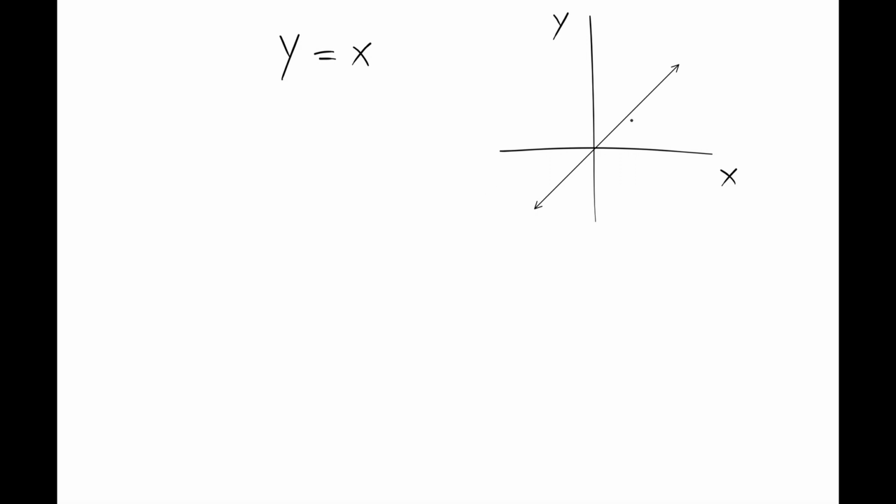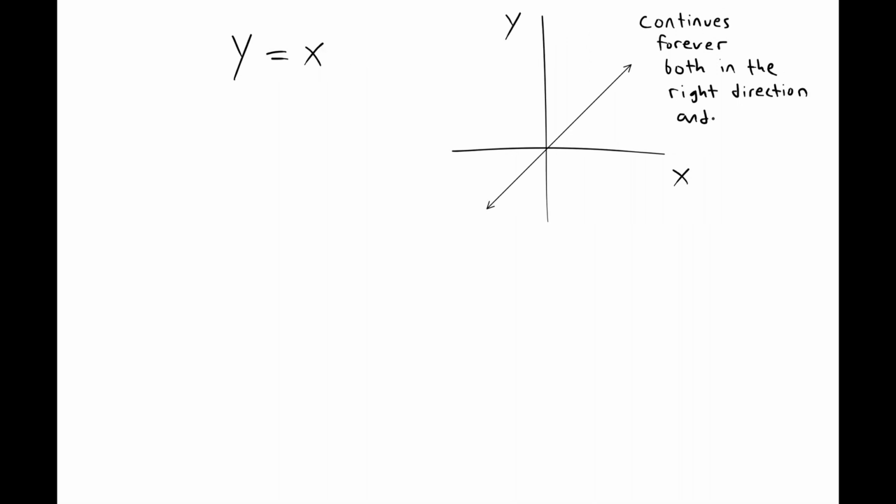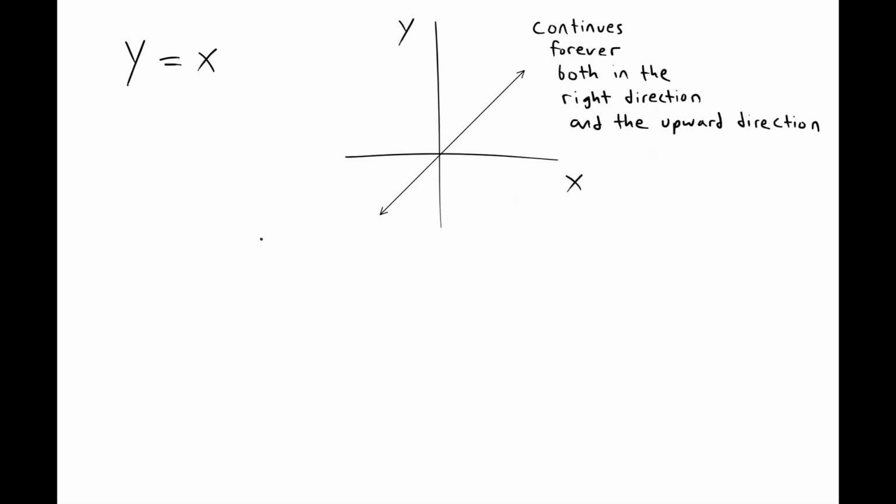Now, with a slanted line like that, we know that it continues forever, both in the right direction and the upward direction. It also continues forever in the left direction and the downward direction.